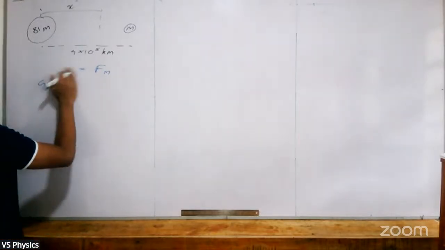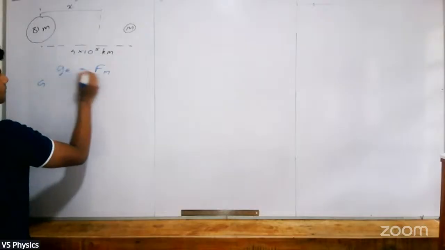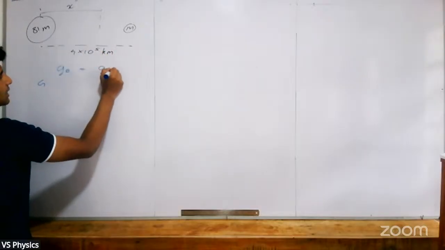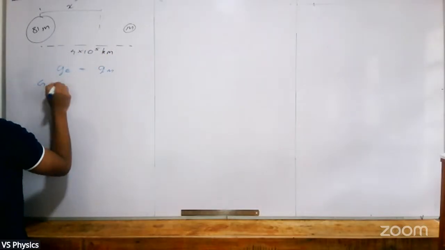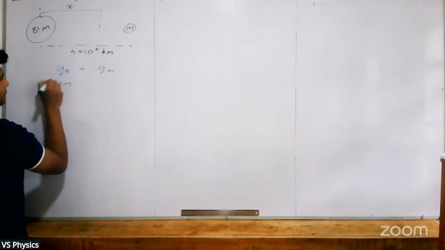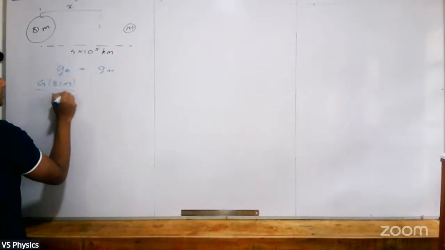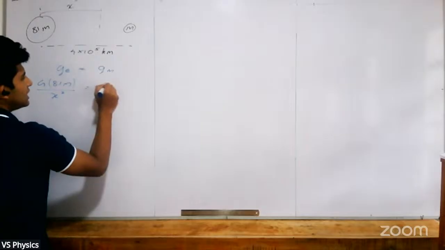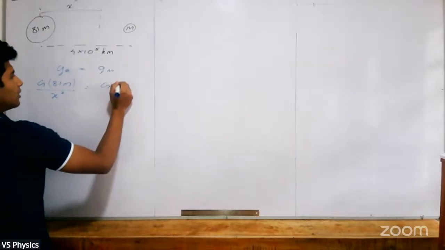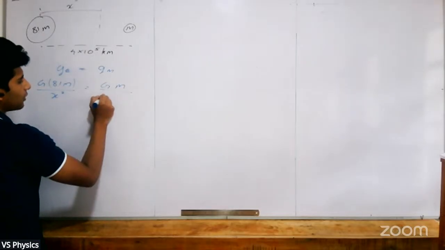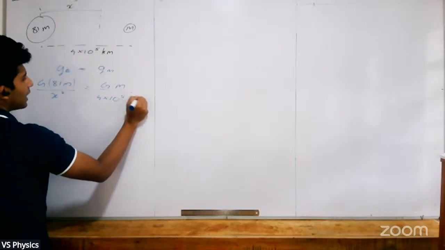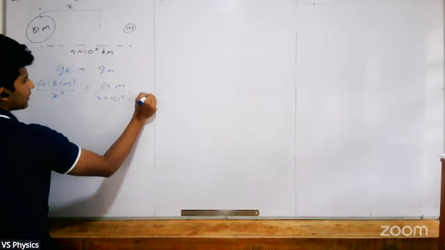Actually not gravitational field, gravitational acceleration. So we can write G 81m divided by x square is equal to G m divided by (4 times 10 to the power 5 minus x) square.